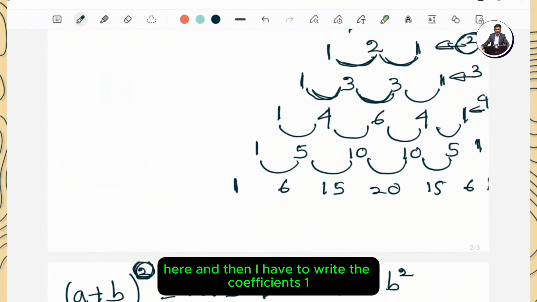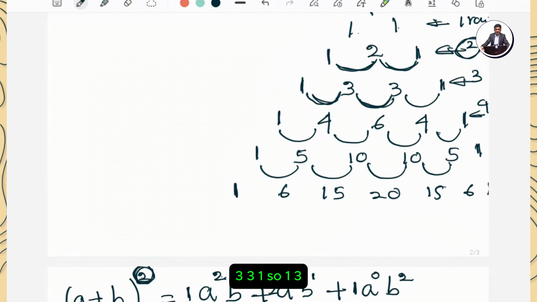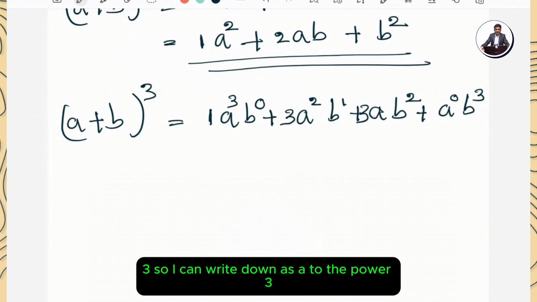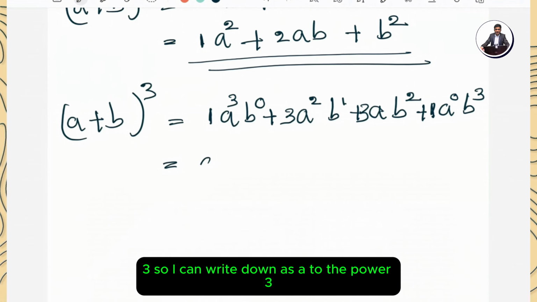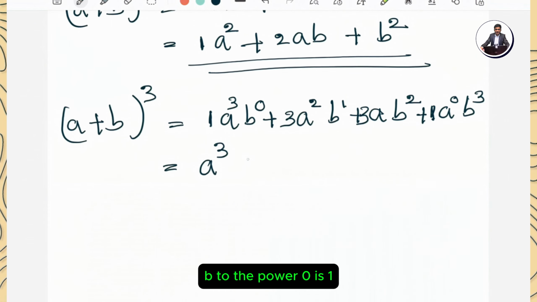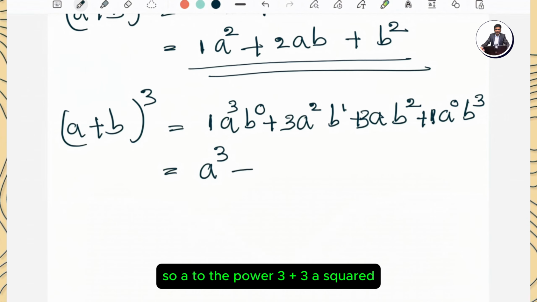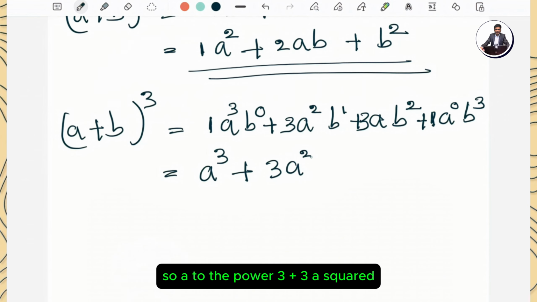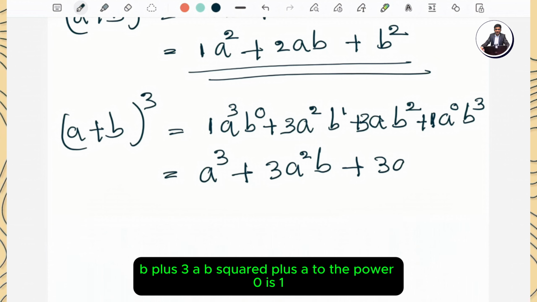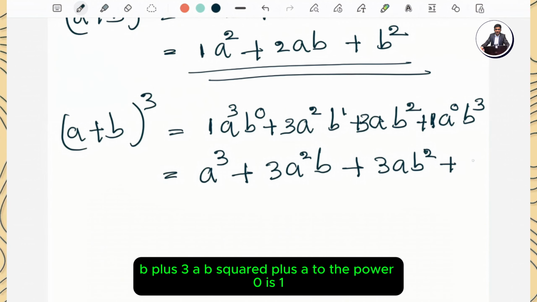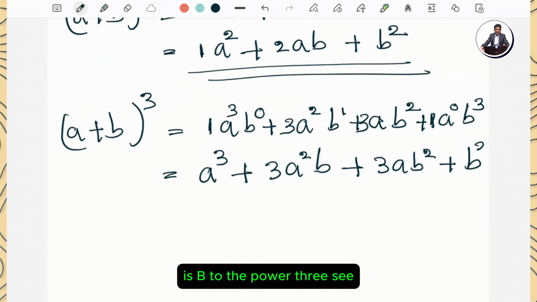Then I have to write the coefficients: 1, 3, 3, 1. So I can write a to the power 3, b to the power 0 is 1. So a to the power 3 plus 3a squared b plus 3ab squared plus a to the power 0 is 1, b to the power 3.